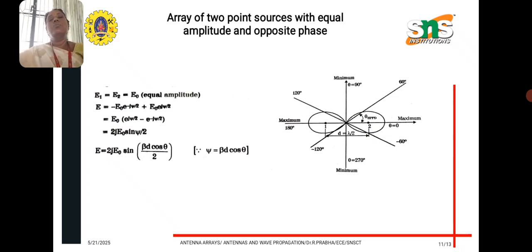Because of equal amplitude and opposite phase, one field is opposite with respect to the other, so it involves a negative sign for one antenna with respect to the other in the calculation of the field. So the total field E becomes 2j E naught sin psi by 2, because the sine formula involves a minus in the middle, and the total field is given by E equal to 2j E naught sin of beta d cos theta by 2.